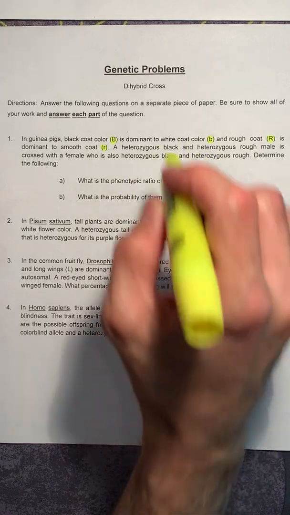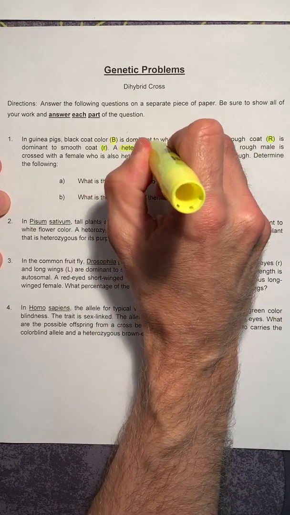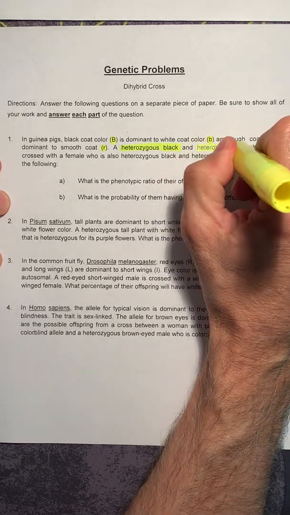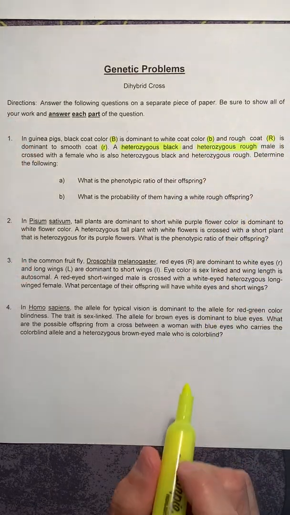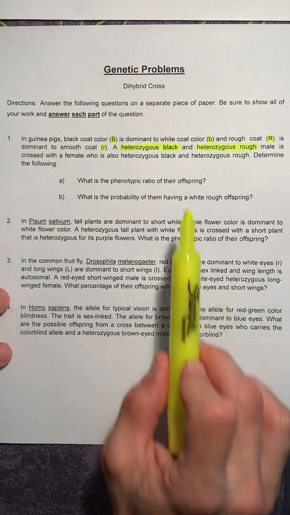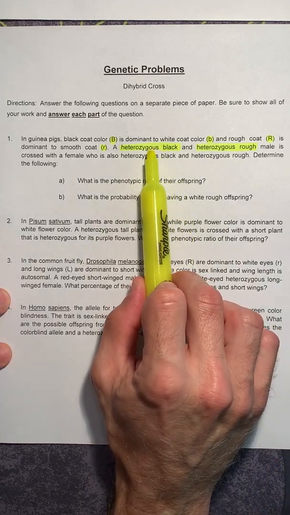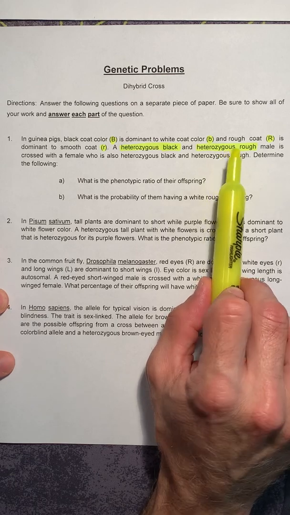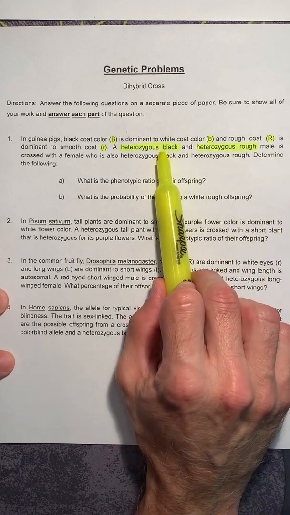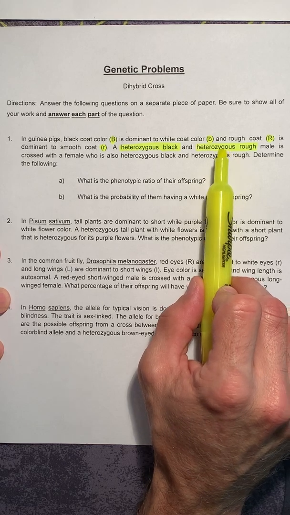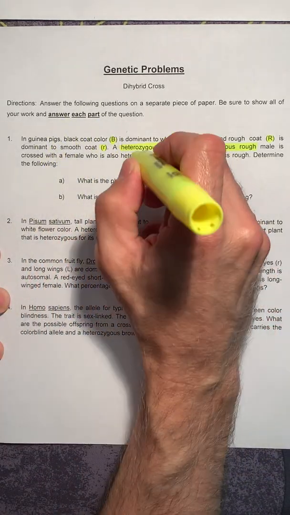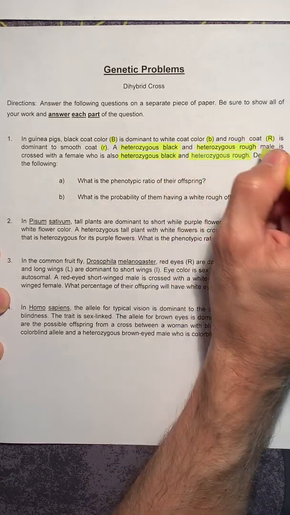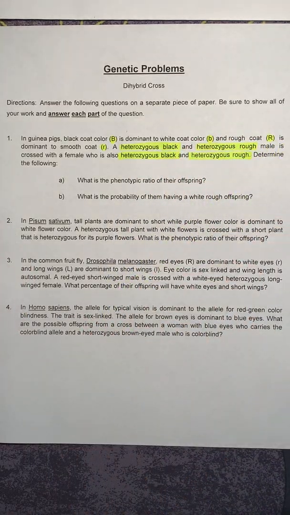Then it says a heterozygous black, so we have a heterozygous black and heterozygous rough. So there's your dihybrid cross right there, your two characteristics, the guinea pig's coat color and the guinea pig's coat texture. So you have a male that is heterozygous black and heterozygous rough, and he is crossed with a female who is also heterozygous black and heterozygous rough. So then determine the following.